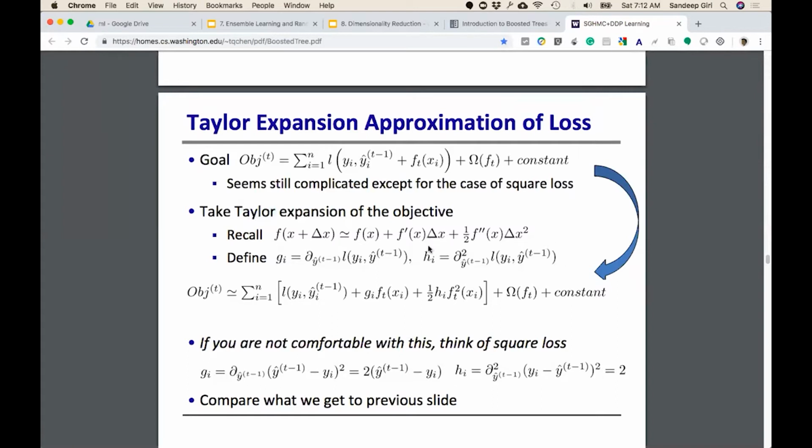If you look at the definition of the first derivative, it is exactly this. Think about how we calculate the first derivative: we increase x a little bit, subtract the function value at x, and divide by delta x.